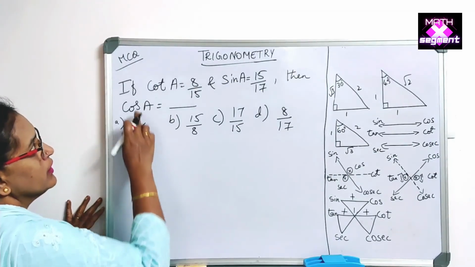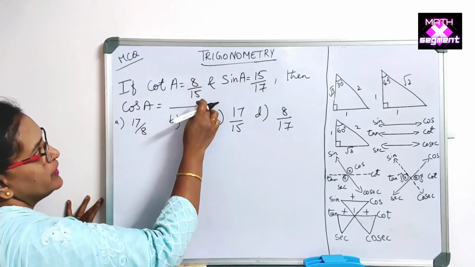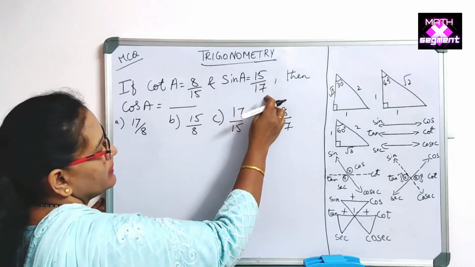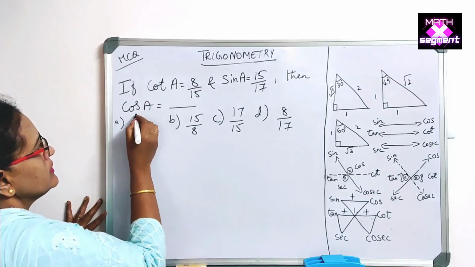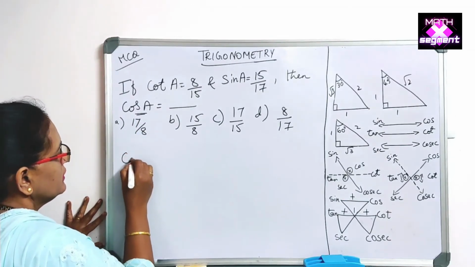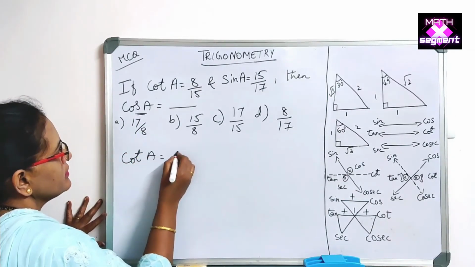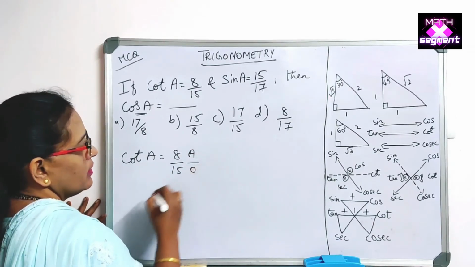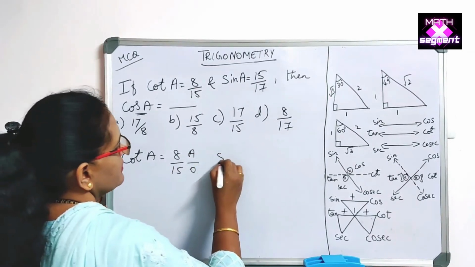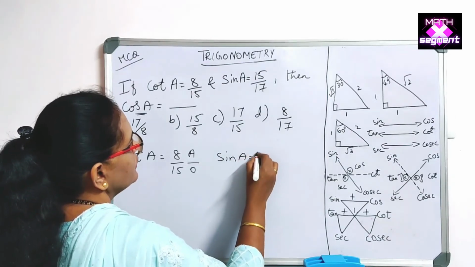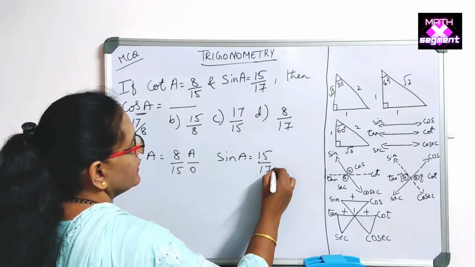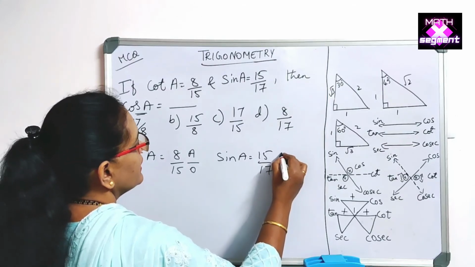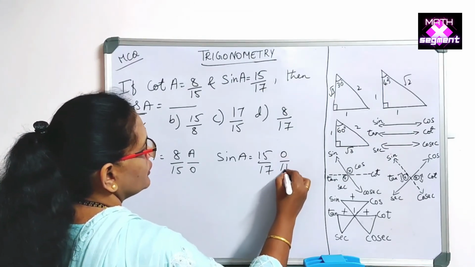Let's solve the next question. If cot A is equal to 8 by 15 and sin A is equal to 15 by 17, then find cos A. The given information is cot A is equal to 8 by 15, so 8 is adjacent and 15 is opposite. Then sin A is equal to 15 by 17, and sin is opposite by hypotenuse.